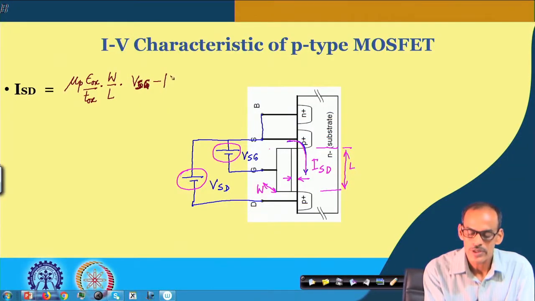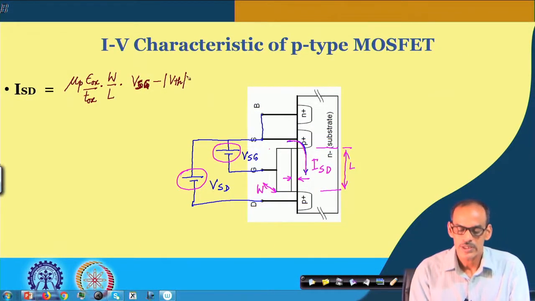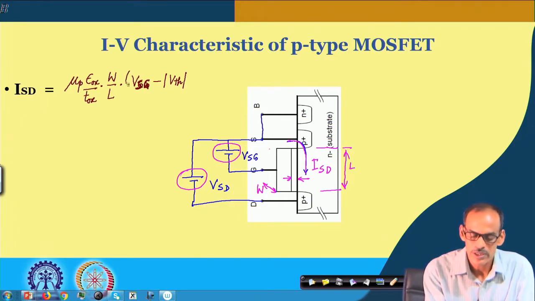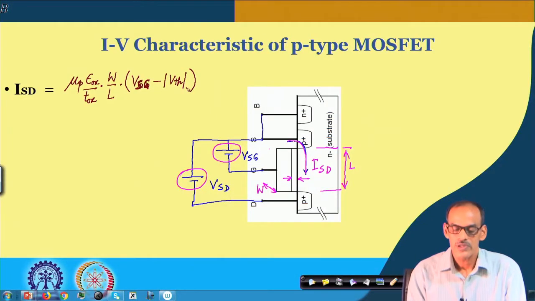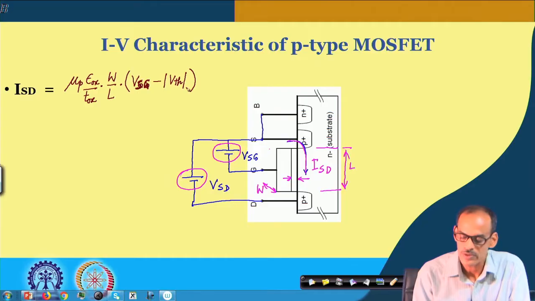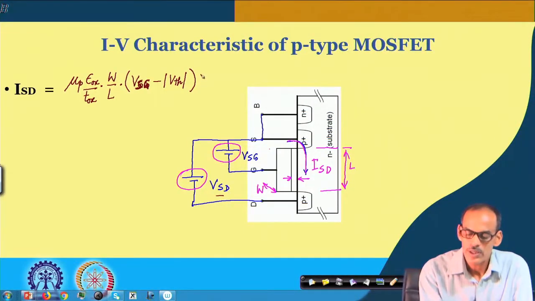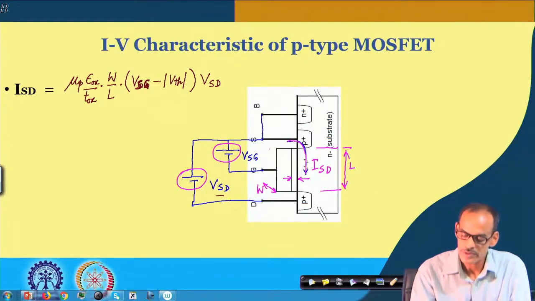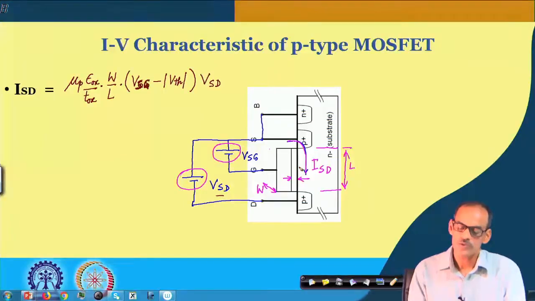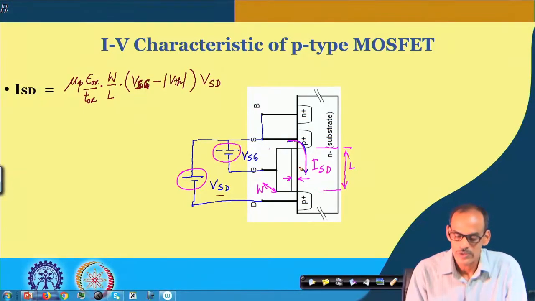Some part of it goes to invert the channel, so you have to subtract that, and then it is VSG minus VTH that contributes towards the conductivity of the channel. And of course, based on VSD, we have the current flow due to the potential we generate from source to drain.